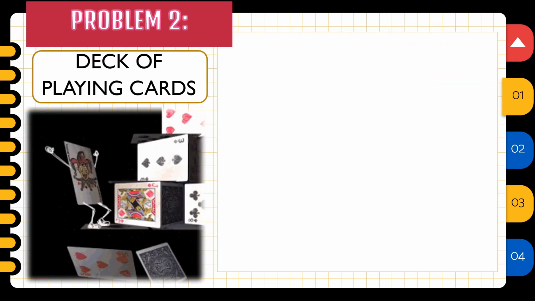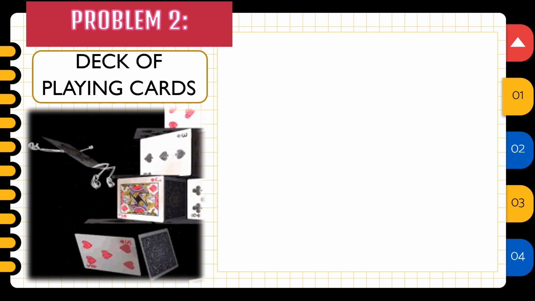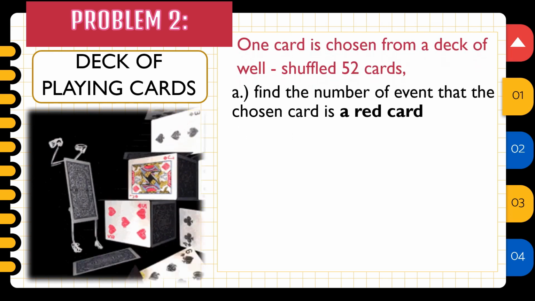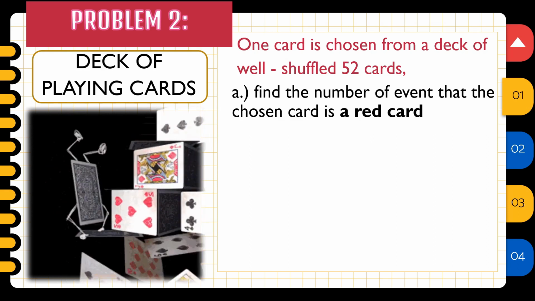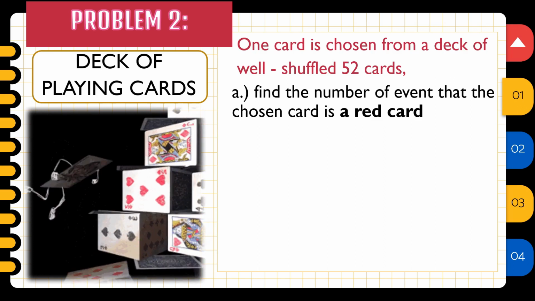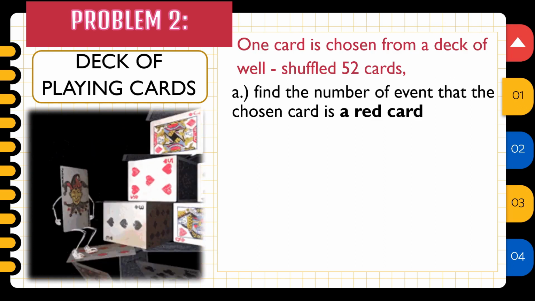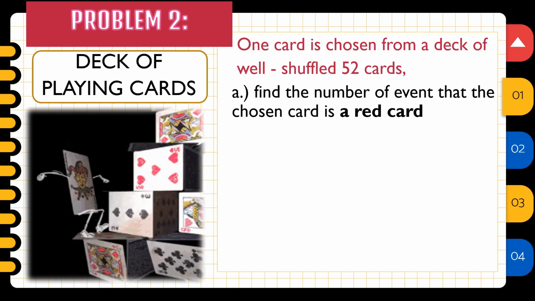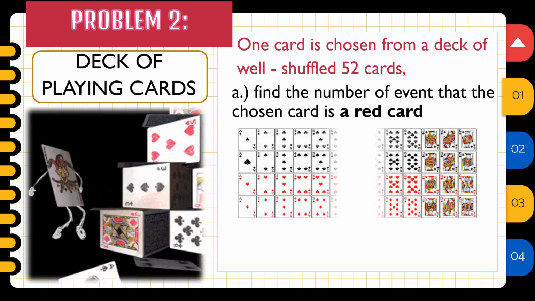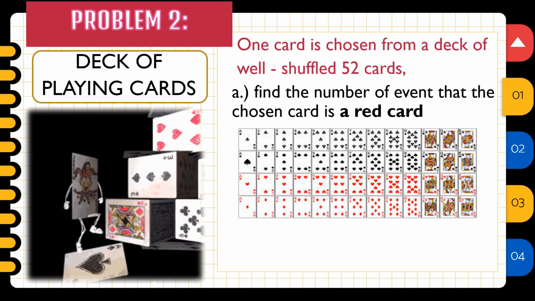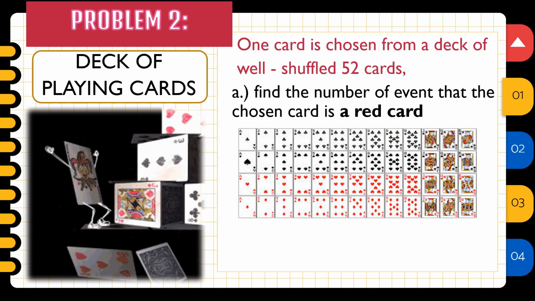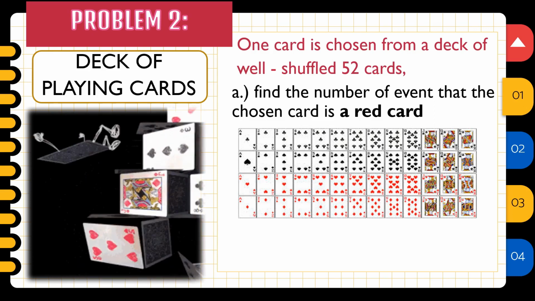Moving on to problem number 2, deck of playing cards. One card is chosen from a deck of well-shuffled 52 cards. A. Find the number of events that the chosen card is a red card. Here we have the complete set of playing cards. We have 4 classes, the clover or clubs, the spades, the hearts, and the diamonds.